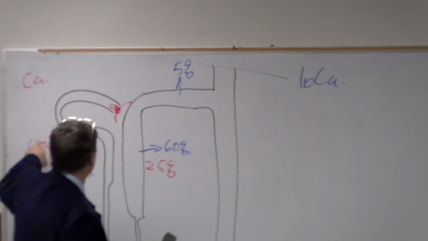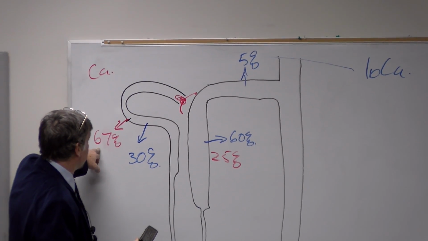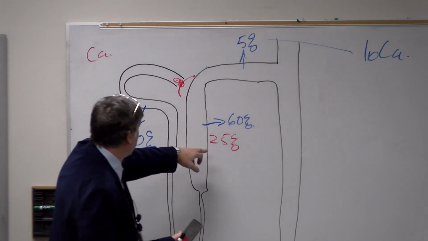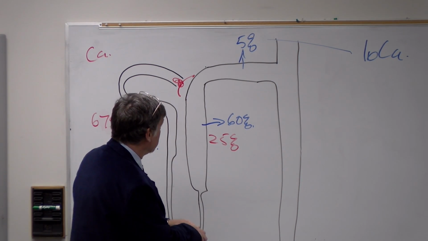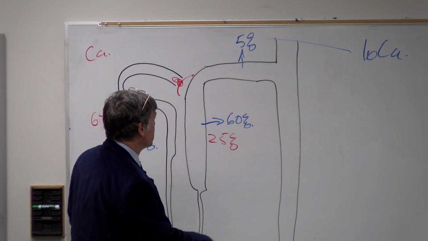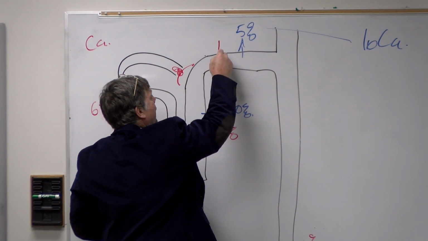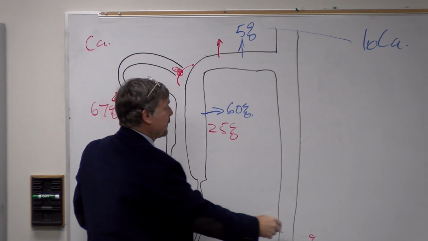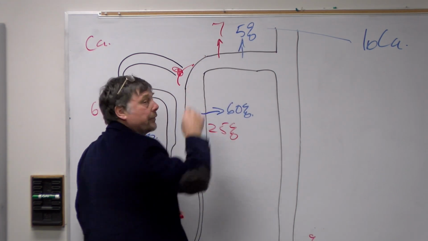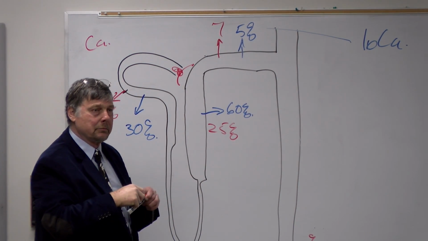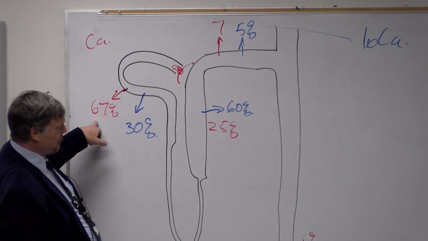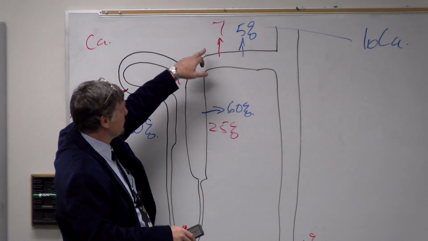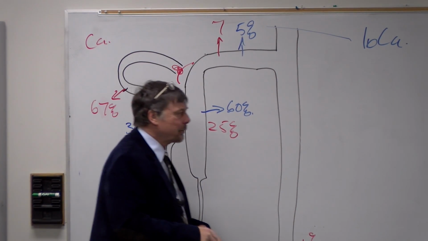Let's see, 67, 25, that's 85, 92. I think it says 8 on the diagram, but that doesn't add up, so let's call it 7. Does it say 8 on the diagram? Did I add it up correctly? Yeah. That would have to be correct, wouldn't it?